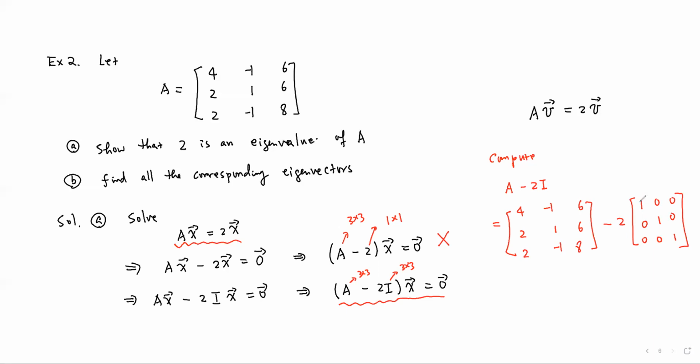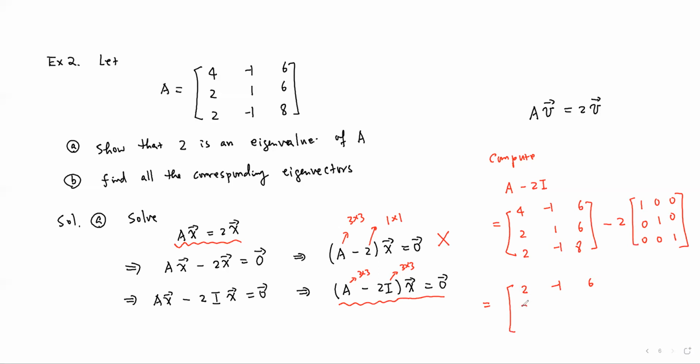A number times a matrix is the number times all the entries. Now take the difference. 4 minus 2 is 2. Negative 1 minus 2 times 0 is negative 1. 6 minus 2 times 0 is 6.